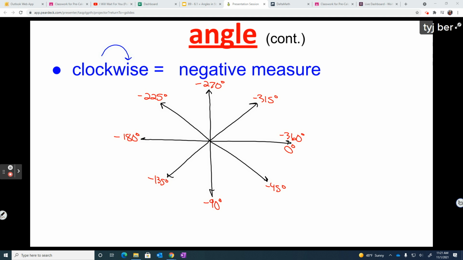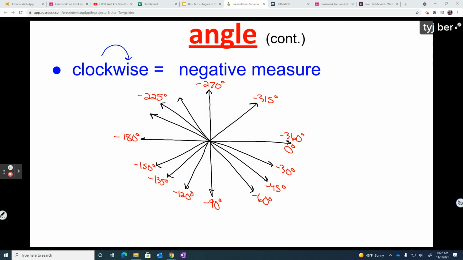And then if we were to fill in all the 30s in there, add 2 on each side there. So we get negative 30 degrees, 0 to 60, so we have negative 60 degrees. Negative 90, negative 120, negative 150. And there, negative 180, negative 210, negative 240.